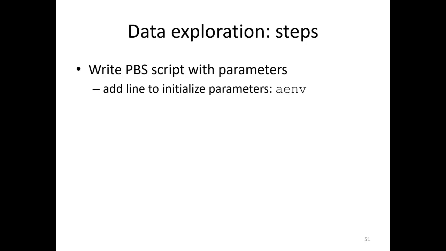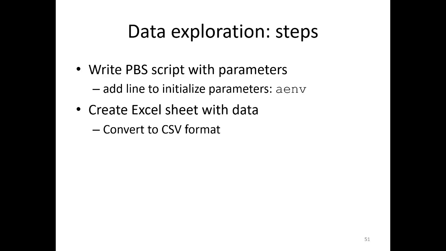So the steps: typically just write a PBS script with parameters, so in this case again pressure, humidity and temperature, and then you add a line to initialize those parameters using aenv, and of course you have to load the module. You create an Excel sheet with the data, convert it to CSV as usual, and you submit with qsub -t and the range of values which you compute with arange.